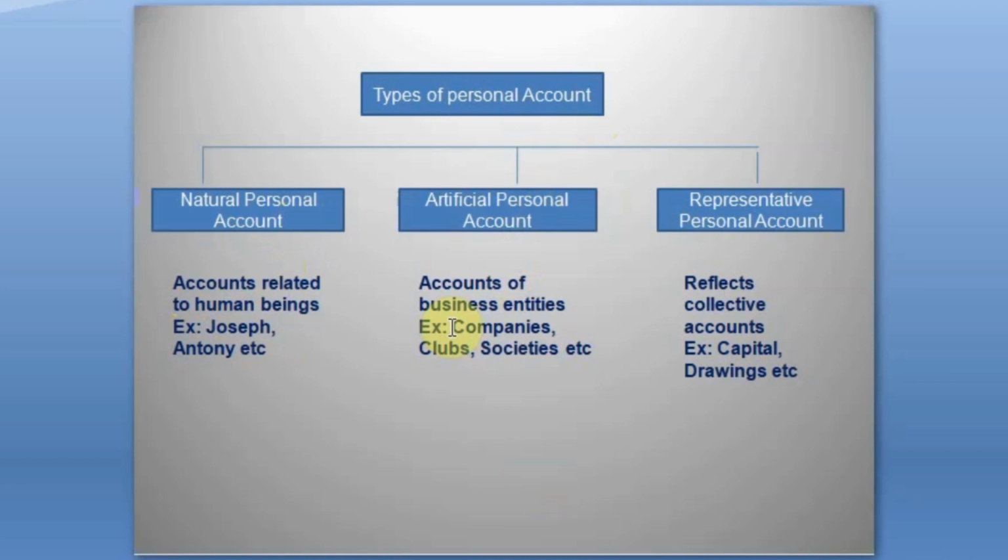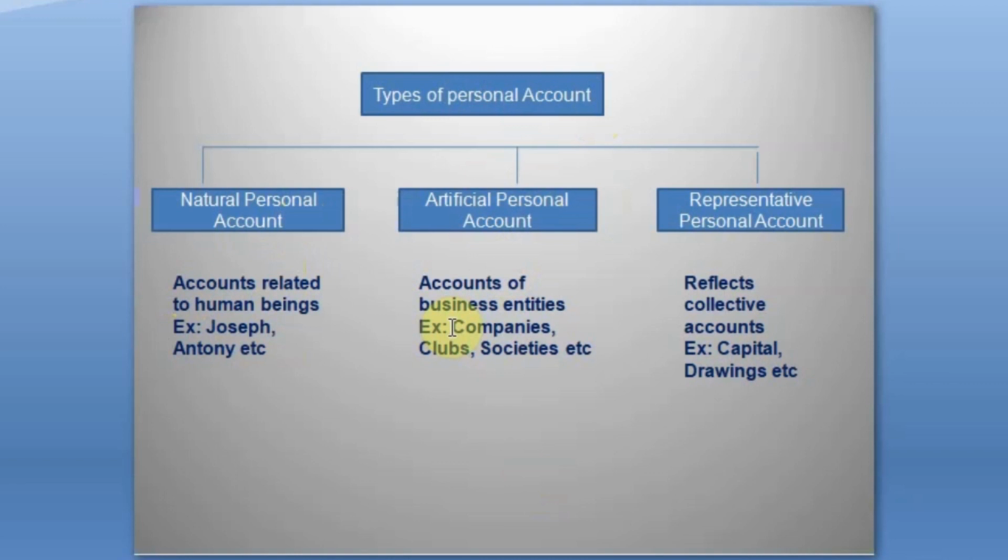As the name suggests, accounts related to human beings such as Joseph, Anthony, Kiran, Khan, etc. are called natural personal accounts. As you already have an idea about artificial personal accounts, as per the eyes of law, the business entity has a separate legal entity.